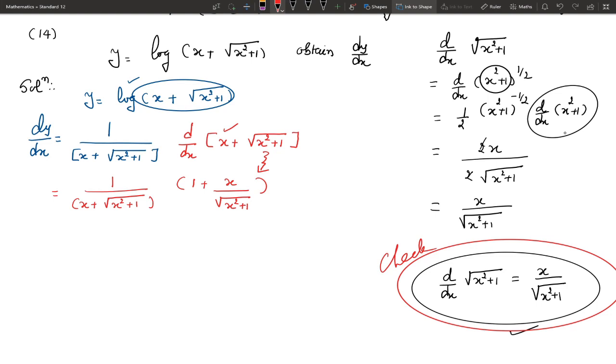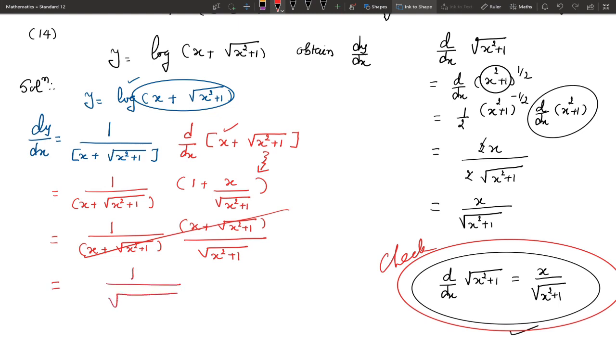Now we simplify, take LCM, so 1 upon... So final answer is 1 upon under root x square plus 1.